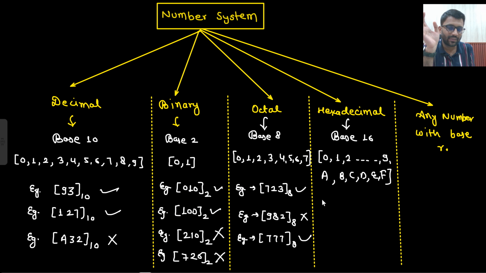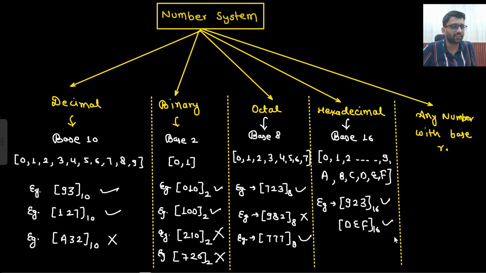So if I take examples, let's just say I write 923 in base 16. Will that be acceptable? Yes, surely, because 9 you know, 2 you know, 3 you know. If I write D, E, F in base 16, will that be acceptable? Yes, because D you know, E you know, F you know.